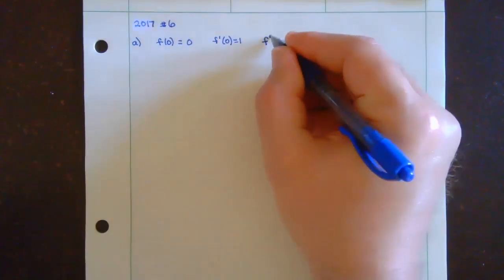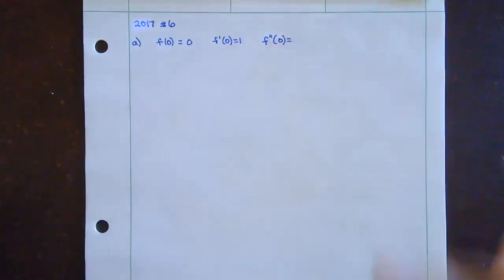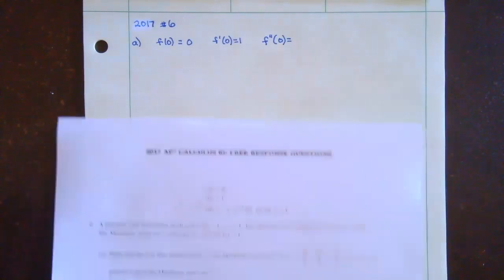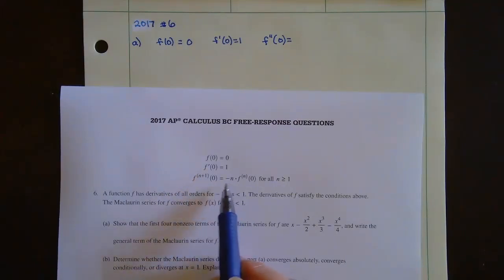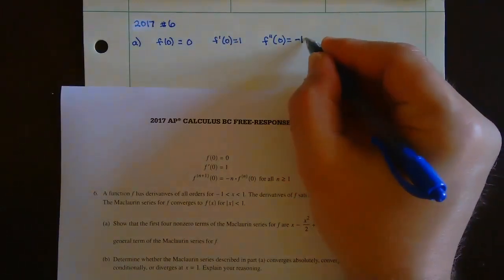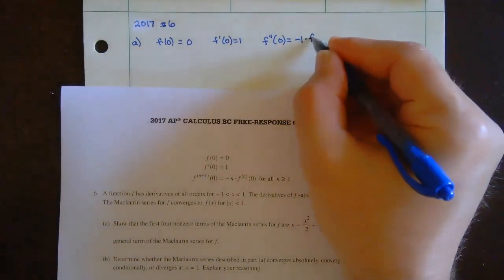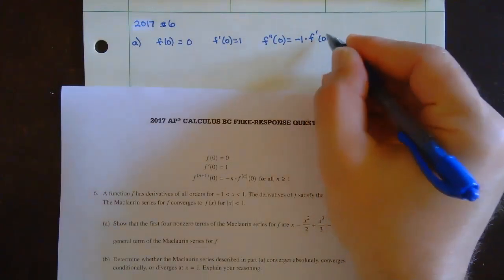So f double prime at 0. Okay, so now we got to use this formula right here, okay? Because n is 1 here, okay? So because that would make the second derivative, that would make this a double prime. All right, so that would mean n is 1. So this is equal to -1 times f to the first derivative, right? So f prime at 0, okay?